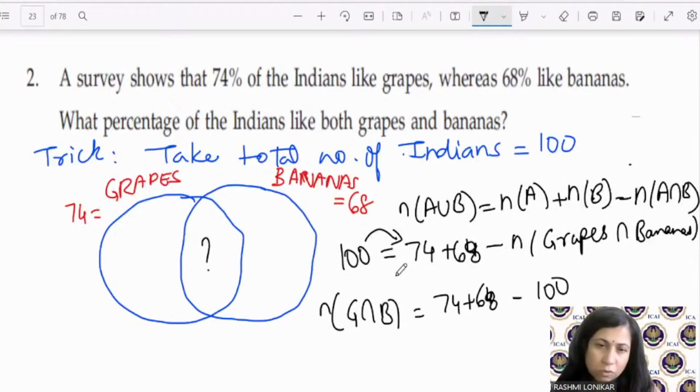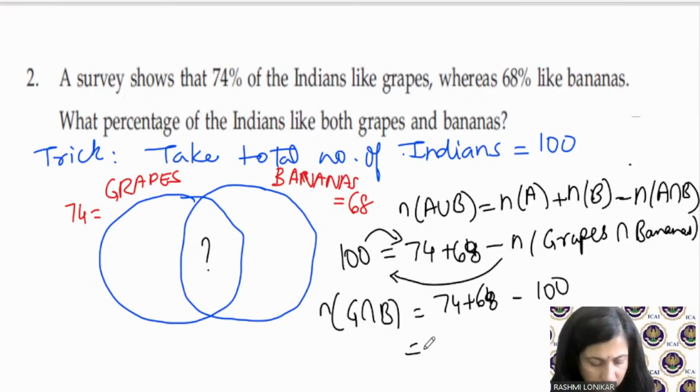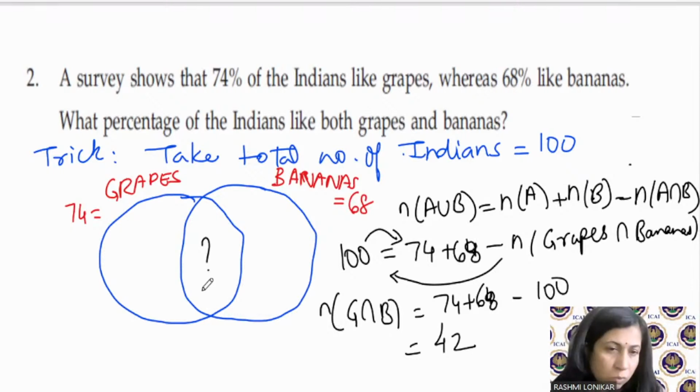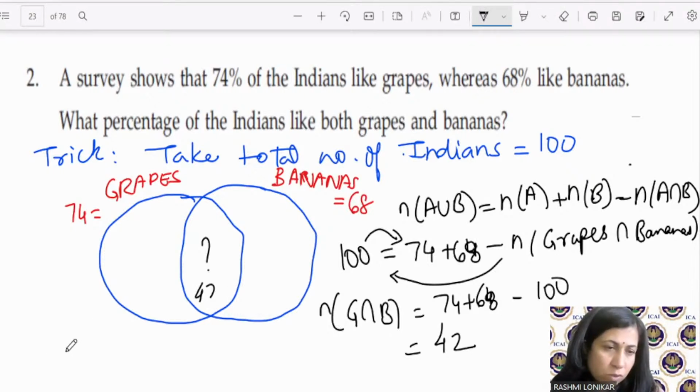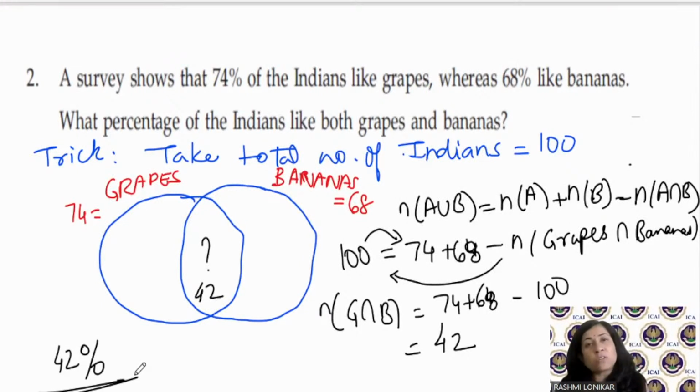This minus goes to this side, it becomes plus. So how much is this? 74 plus 68 minus 100 is equal to 42. So the answer is 42%. Okay, remember, this is the answer: 42% of Indians like both grapes and bananas. Understood?